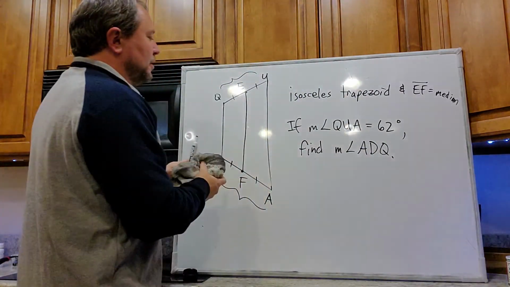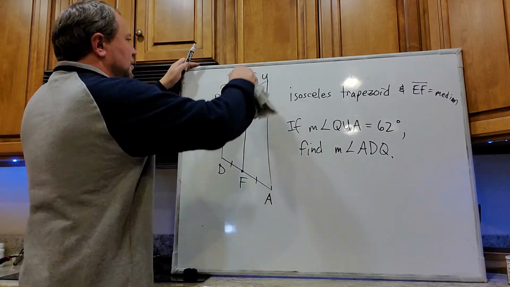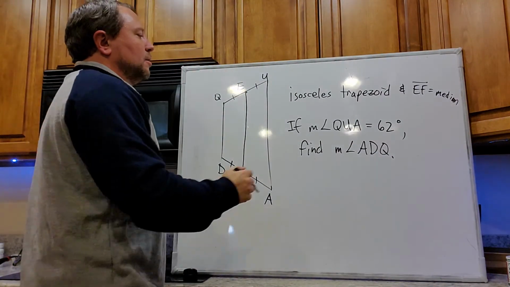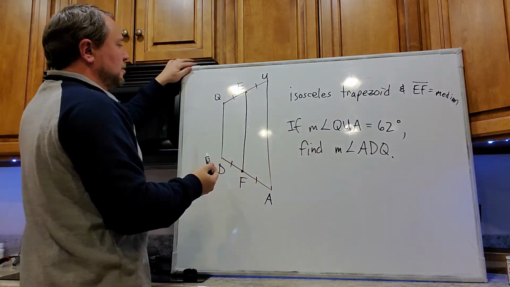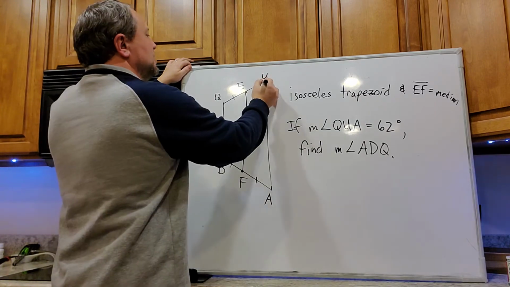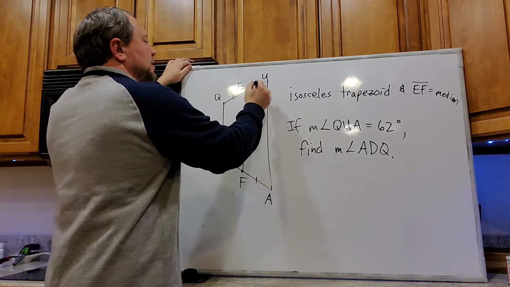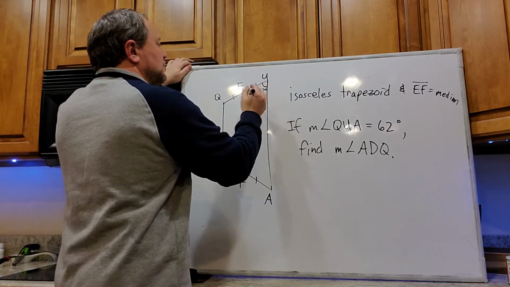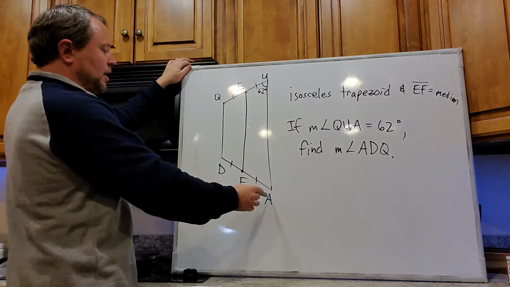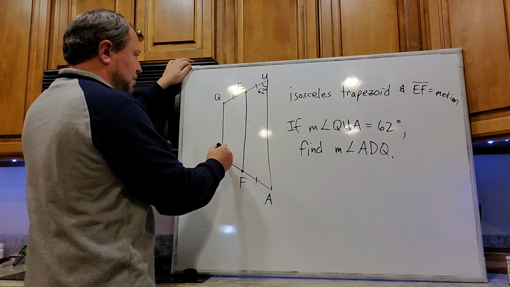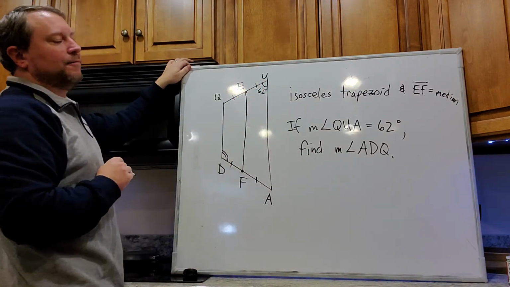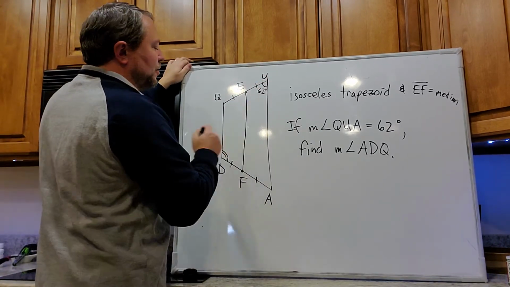But on this one here, you'll notice that angle QUA, so this angle down in this corner, is 62 degrees. And they want us to find angle ADQ. ADQ is this angle clear over here, clear across the way from it.